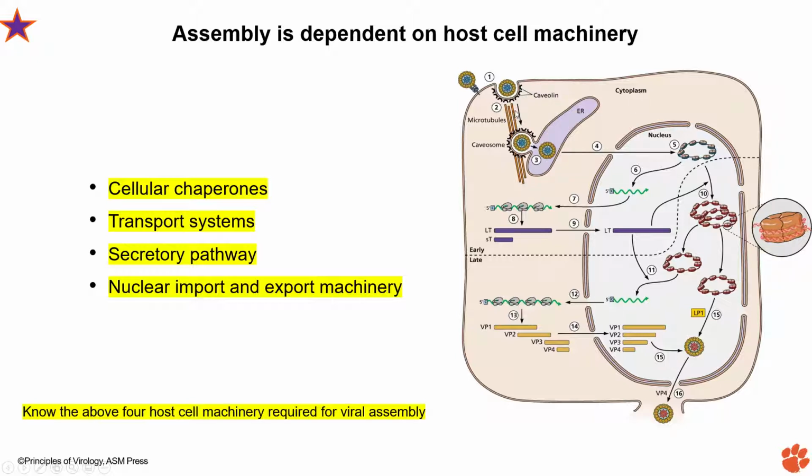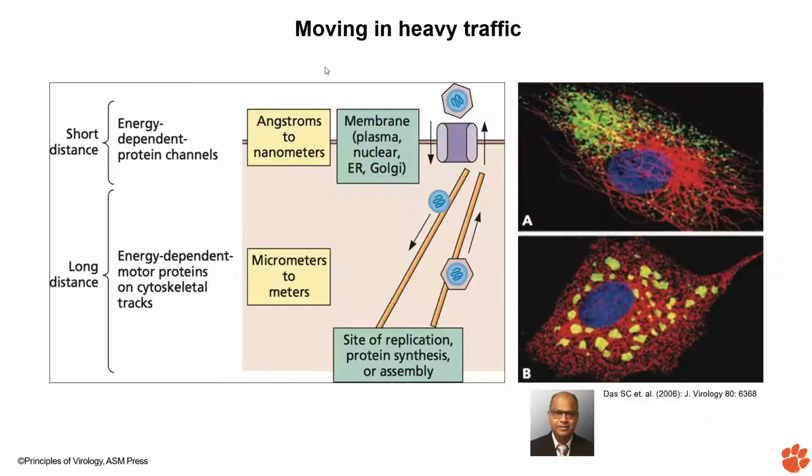Just remember that this is internalization of the virion. This is not a part of the assembly. So if I give a question like which is not a part of the assembly, and along with that I add receptor-mediated endocytosis, that will not be the assembly. You will find a similar question in the quiz, so correlate those things.